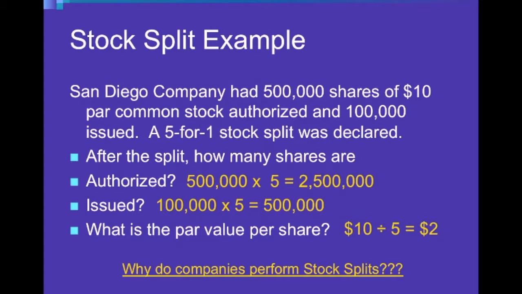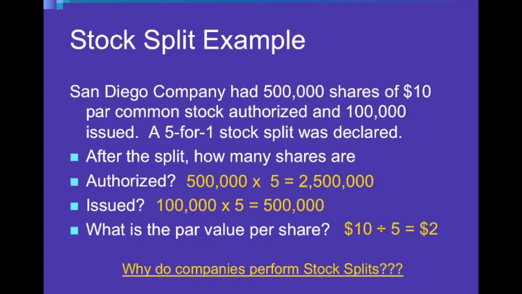Another reason is maybe a company feels like their stock price is just too high and it's almost unattainable for a normal investor. So they want to be able to flood the market with more shares via the stock split, which is going to inversely bring the stock price down so that now a normal investor would be able to afford it. All right, so that's some of the reasons why a company might do a stock split.